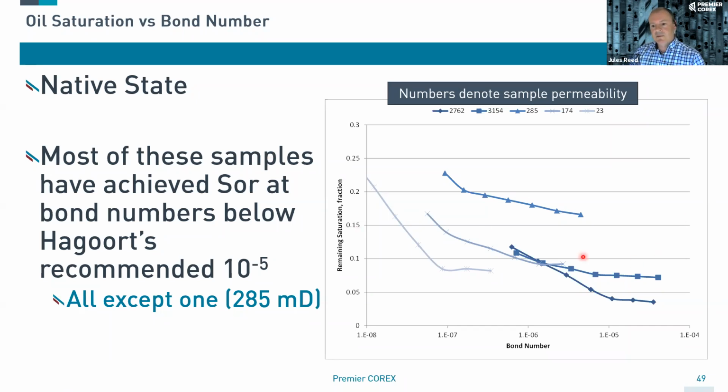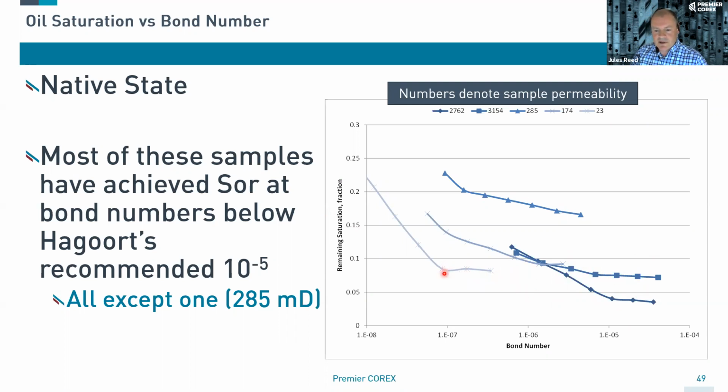And what we see here is most of these samples are becoming asymptotic at the end. And they're becoming asymptotic generally around about 5 to 10 in remaining saturation or residual saturation.